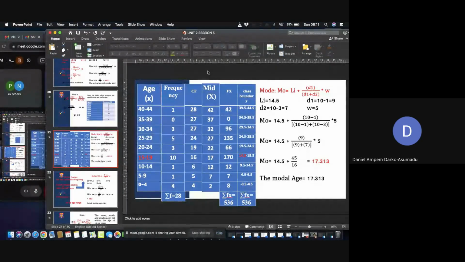So what median age group are you looking at? The 20 to 24. Yes, sir. When you're able to locate the median age group, then you can easily locate the lower class boundary.